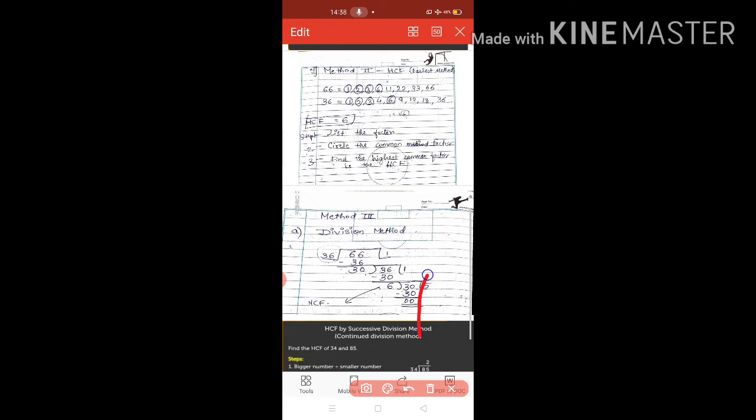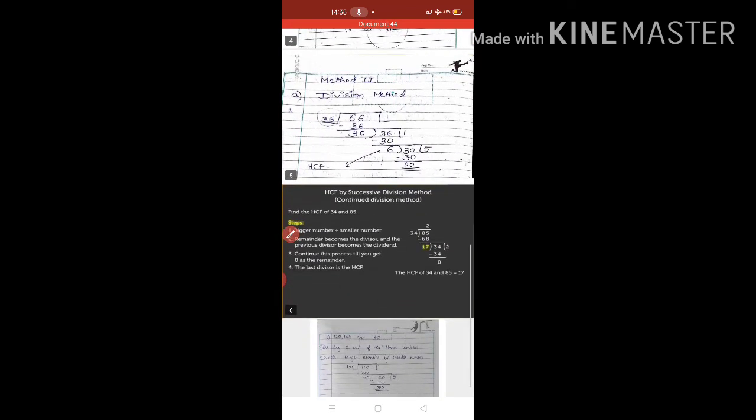Okay, now method number 3. In method number 3, there is some role playing. Let us first remind ourselves what a quotient is. Over here you write the quotient, this is your divisor, this part is your dividend and this 30 is your remainder.